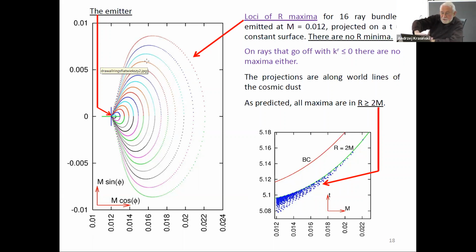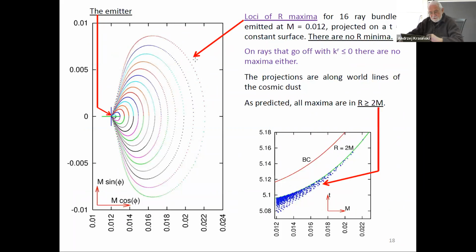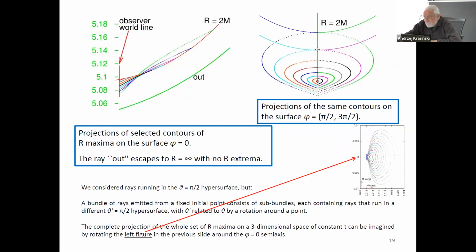So this is the projection on a surface of constant time. The left picture will be a projection in this direction here on this surface here, and the right picture will be a projection on this surface here. So that might help you imagine how this surface looks in space.